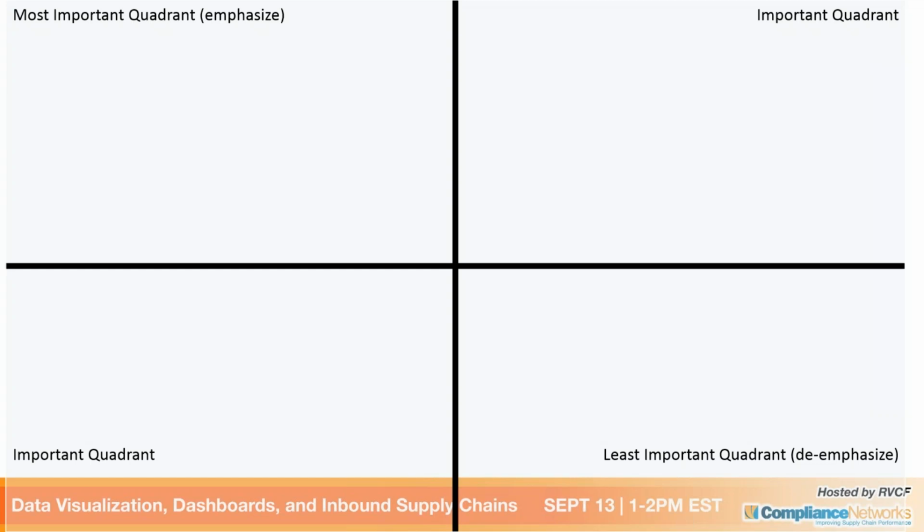And based on my graphic here, you can probably guess the next place users tend to go, and that is to the right. So the most important quadrant is labeled accordingly, and the next most important quadrants are labeled in the upper right and the bottom left, because users tend to drift from the upper right down to the bottom left when they're surveying a screen, and then the last place they tend to look is the bottom right quadrant, or the least important quadrant.